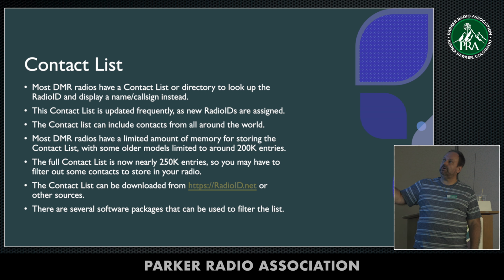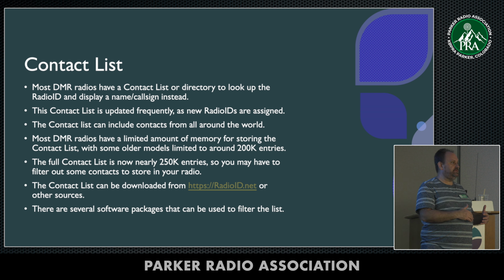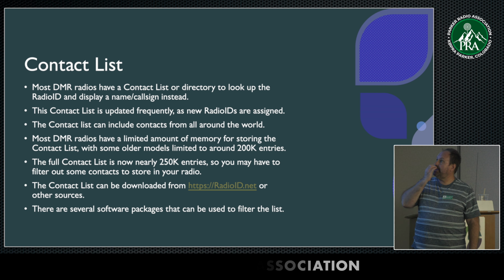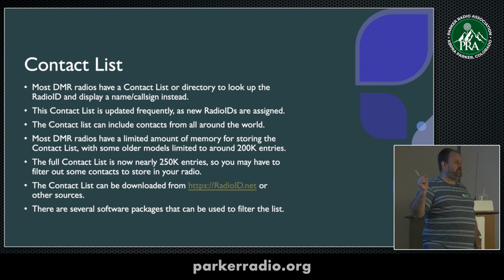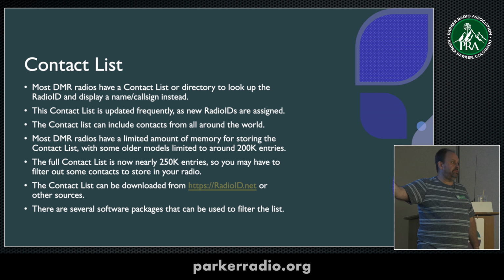We're going to have our talk group list, but we also have the ability to load an individual contact list that has radio IDs with people's names and locations. It lists the city, maybe the county and the state, and the country, because this is worldwide, it's global. Now, here's the challenge. One, this changes every day, because every time someone goes to radioid.net and registers and gets a new radio ID, the list gets updated.